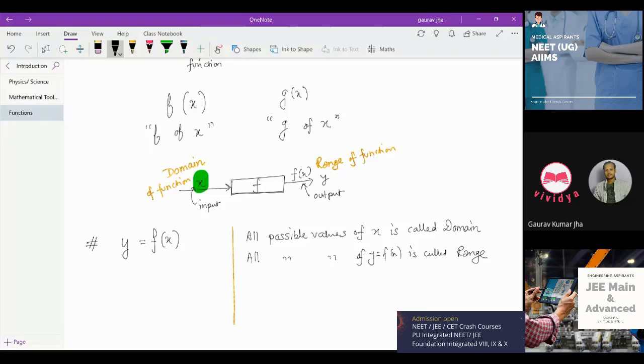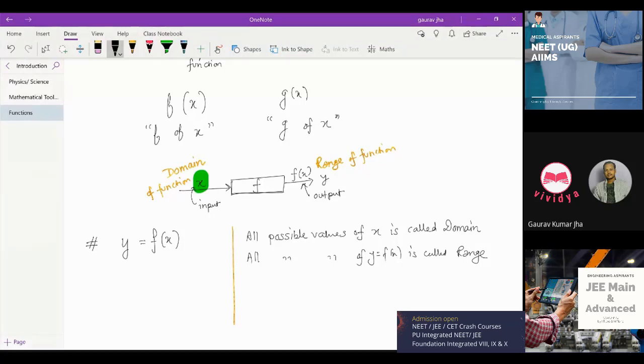So when you talk about a function, a function takes some values dependent upon a choice of an independent variable. The independent variable will be taken from the box known as the domain. Then it will be processed according to the function, and the outputs will be put in a box known as the range. Is it okay?